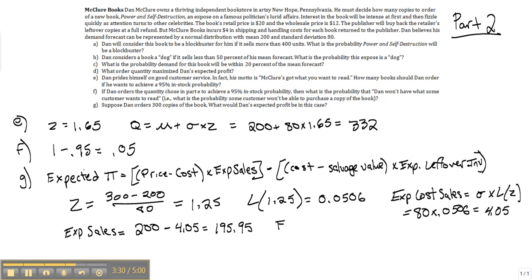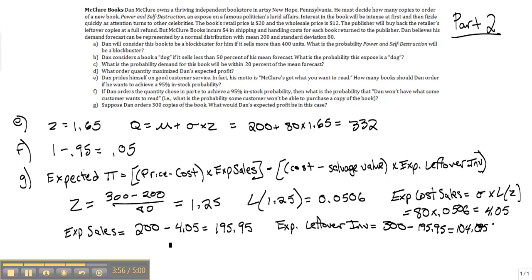And the expected leftover inventory is then equal to the quantity ordered minus the expected sales. We've solved that to be 195.95. So we get an expected leftover inventory of 104.05.